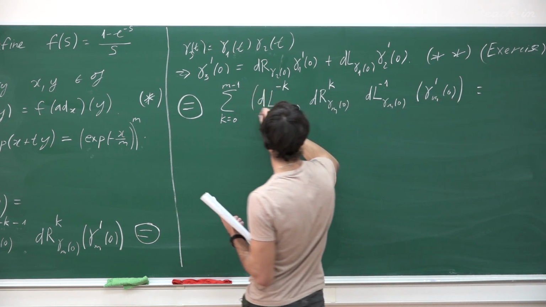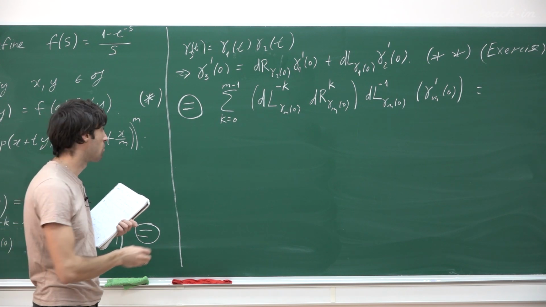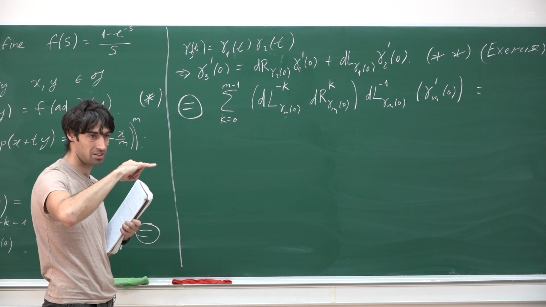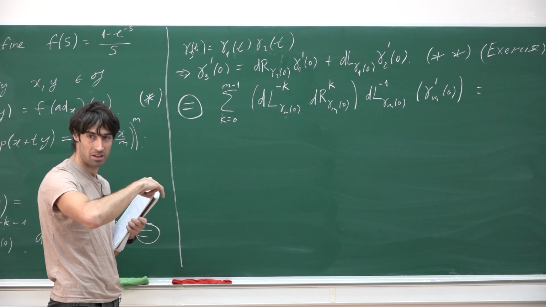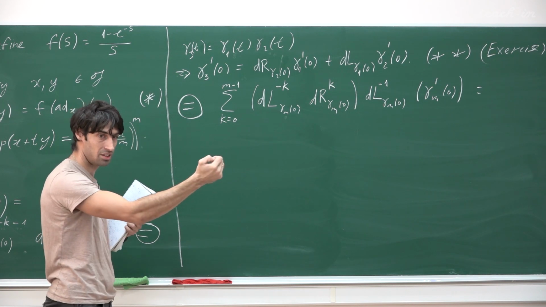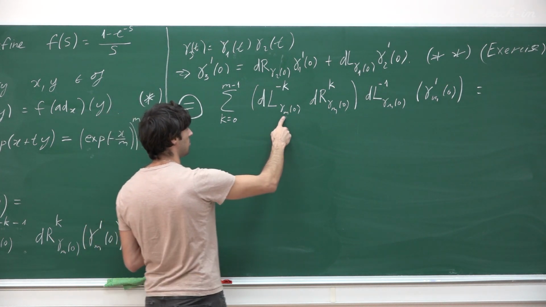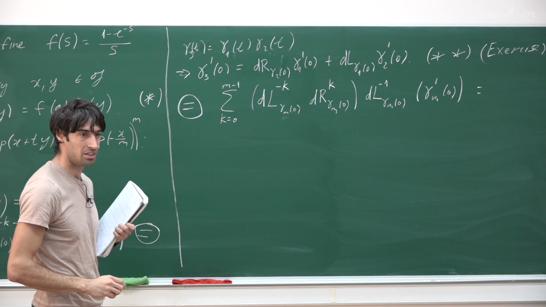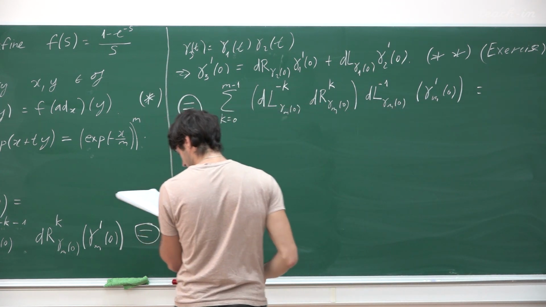So this guy is a differential of conjugation by gamma m of 0, right? To the power k, right? I multiplied on the left by gamma m of 0 inverse to the power k, and on the right. So this is a differential of conjugation by gamma m to the power k, which is capital Ad. So therefore, I can write it like this.